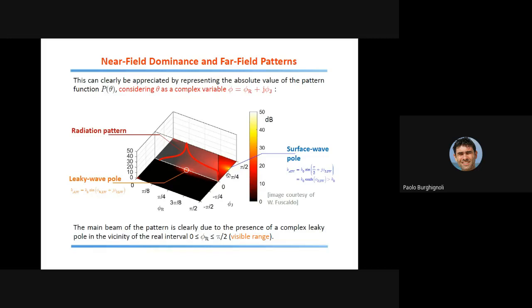Surface waves in an infinite structure do not radiate. The only way to let a surface wave radiate is to introduce some discontinuity. So a surface wave may be let radiate if you truncate the structure. So, for example, you truncate the substrate that supports the propagation of the surface wave.